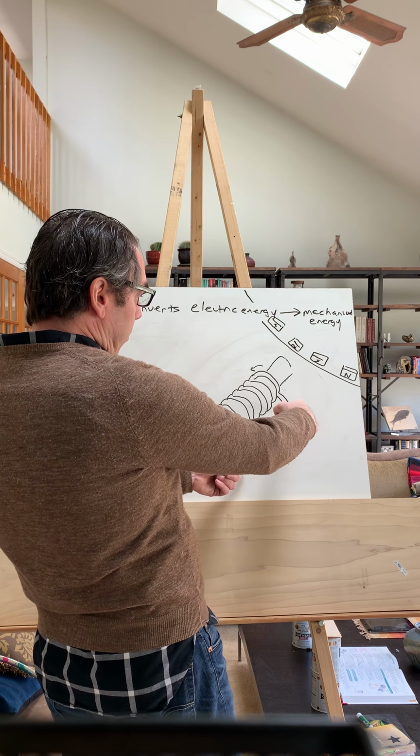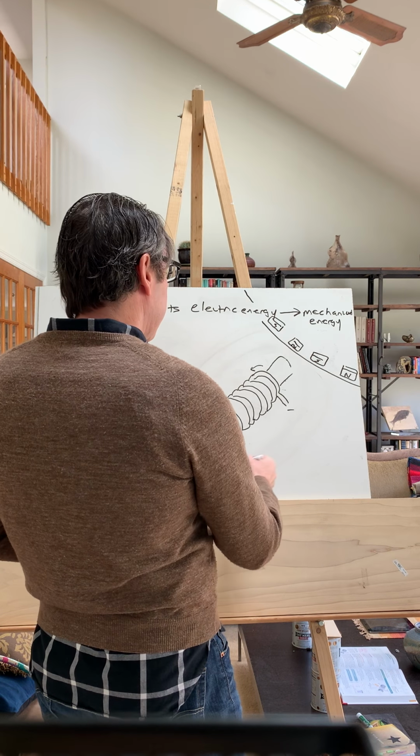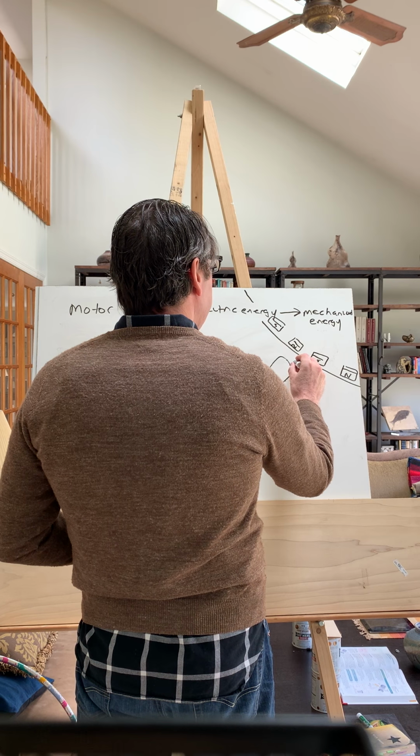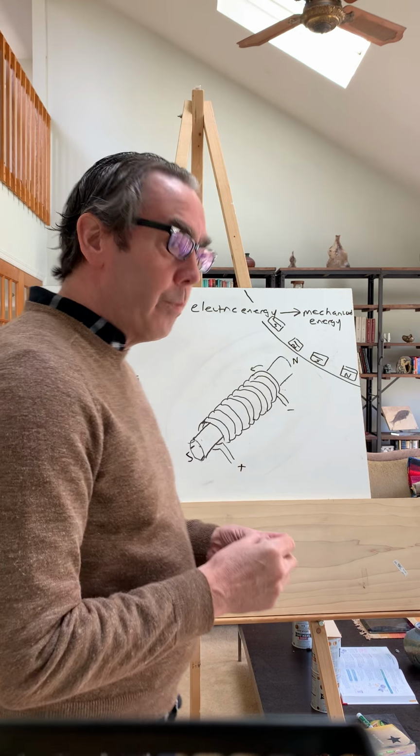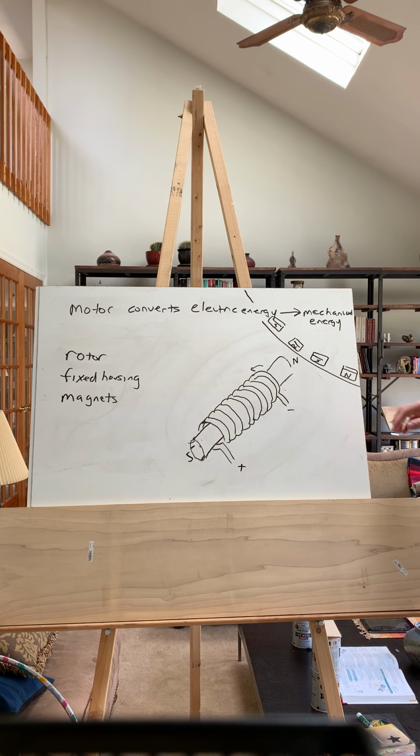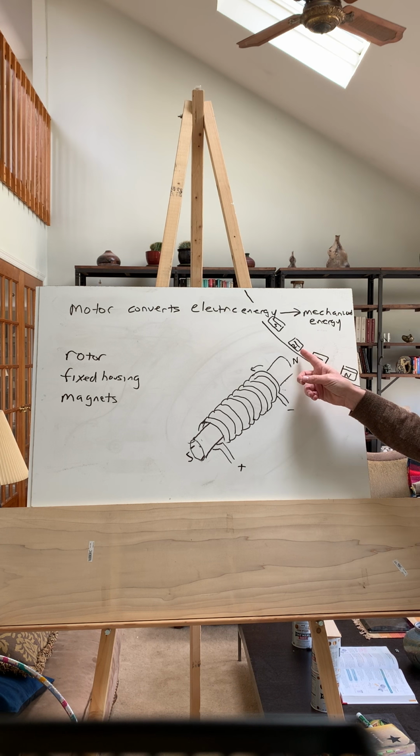And by swapping the direction of the current, we can cause this to be sometimes a north pole and then switch to a south pole. And you can see right here that if this is a north pole, it's going to push that north pole away and pull this one.